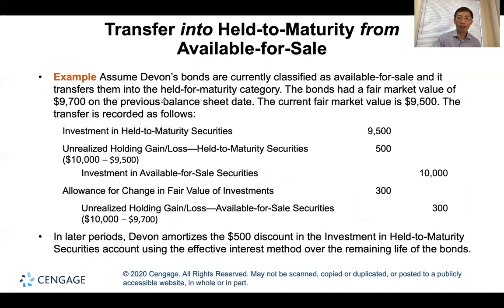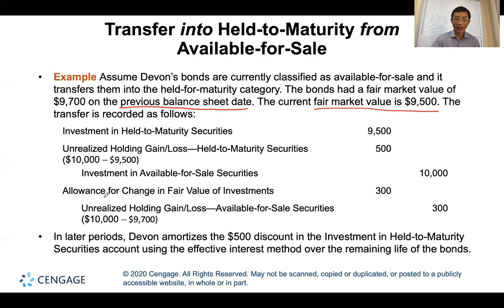So, then assume this company's bonds currently classified as available for sale are transferred into the held to maturity category. If the balance in the financial report is 9,700 and the current fair value is 9,500, then we record this at fair value, investment in held to maturity security 9,500.